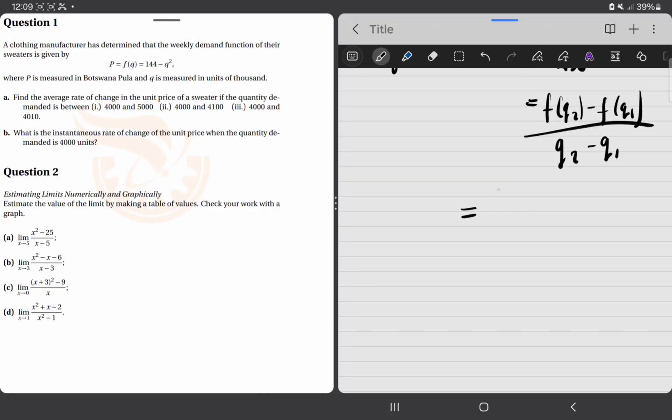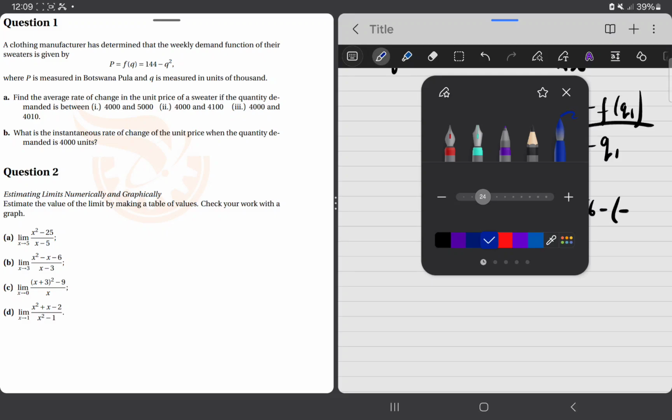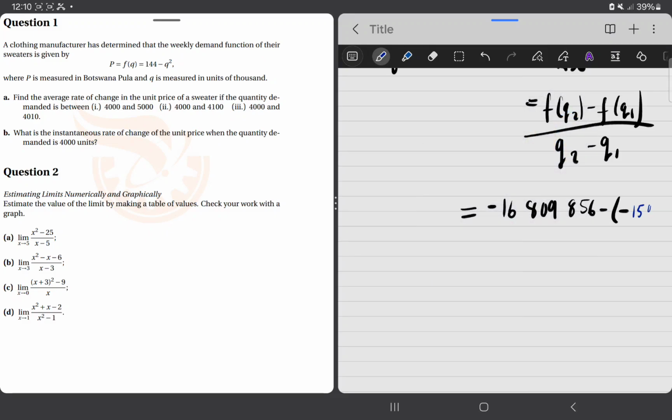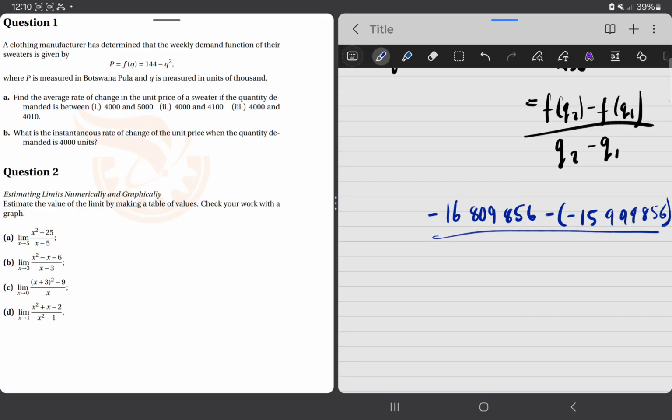What am I going to get now? F of q2 is negative 16,809,856, minus, remember it's minus, then you put the other one, which is negative 15,999,856, over 4,100 minus 4,000.